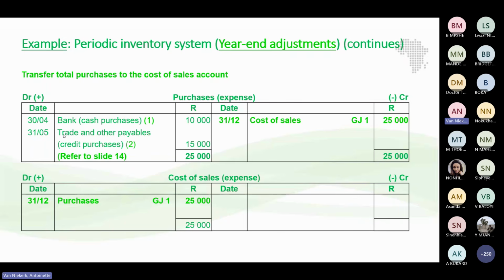It's increasing because it occurred. Yes, you are 100% correct. When you have new purchases, you will enter it below the 15,000 Rand on the debit side. The only difference here is that we took the total and we closed it off. We took it to the cost of sales account. Does it make sense?